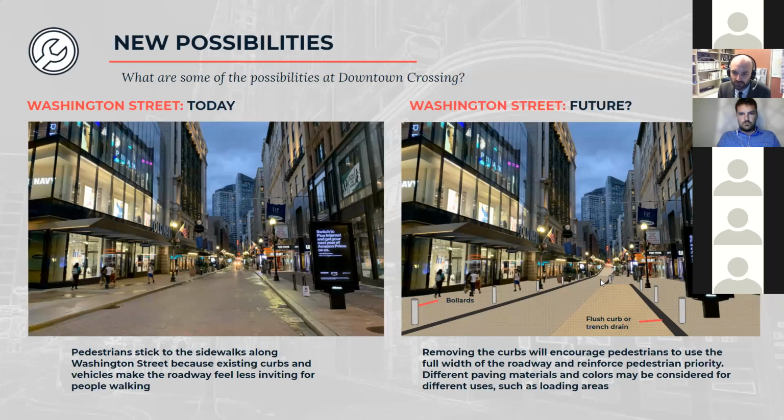And we can also play with different paving materials and colors to potentially highlight different uses on the streets. So, maybe we can use this to highlight zones that during certain times of day are for loading, but are generally pedestrian. So, this is all, again, with the objective of making this district more accessible, more inviting to pedestrians, and making the streets that are in the pedestrian zone feel more truly pedestrian.